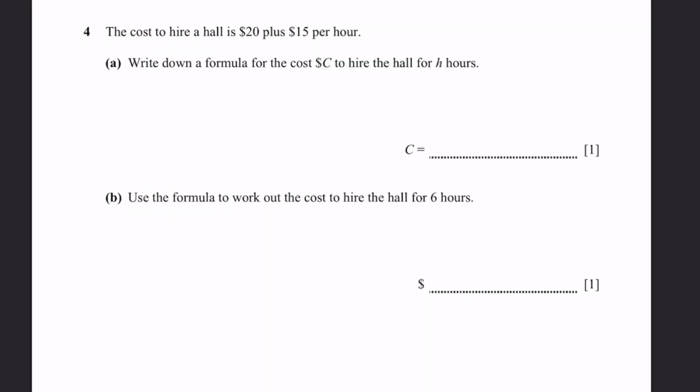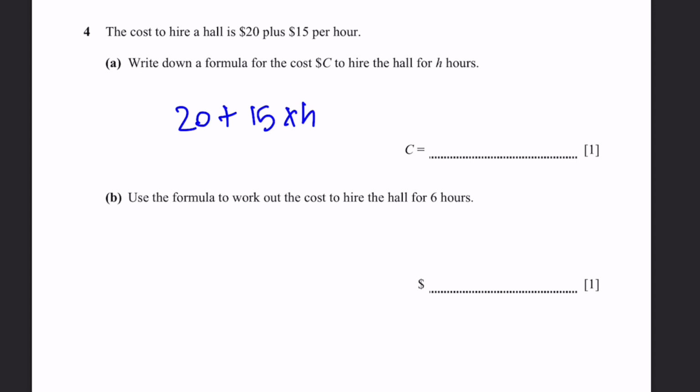Question 4. The cost to hire the hall is $20 plus $15 per hour. A. Write down a formula for the cost C to hire the hall for H hours. So C is equal to 20 plus 15 into H because 15 per hour. So number of hours into 15 is the cost, and then we add 20.